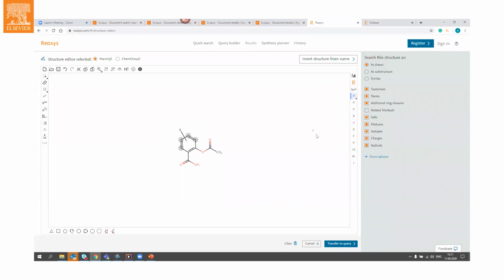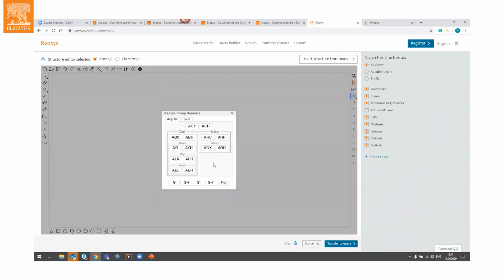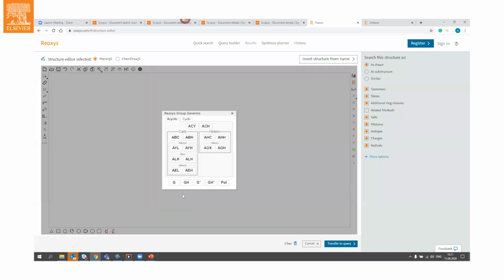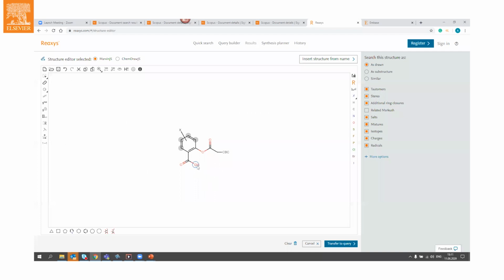Let's use halogen. In addition to that, we can set that we want to have some cyclic group over there. So to this ethyl, we connect a cyclic group. And in addition, we can use any group or hydrogen over there.